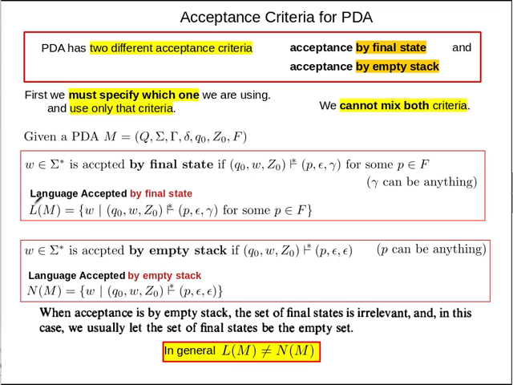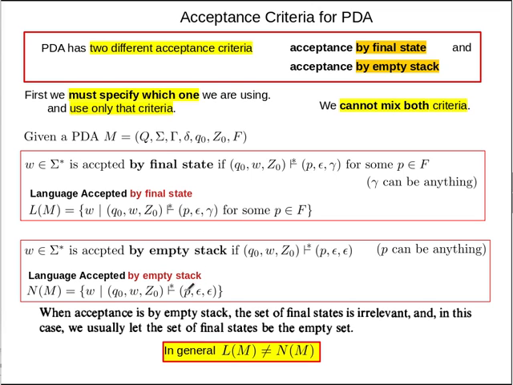And the language accepted by empty stack was all the strings such that if you give that string as input to your PDA, starting from this initial configuration, it can reach a configuration where it has consumed all the input and the stack has become empty. So in here also, it has consumed all the input, but here the only thing is that this state has to be a final state and the stack can be anything.